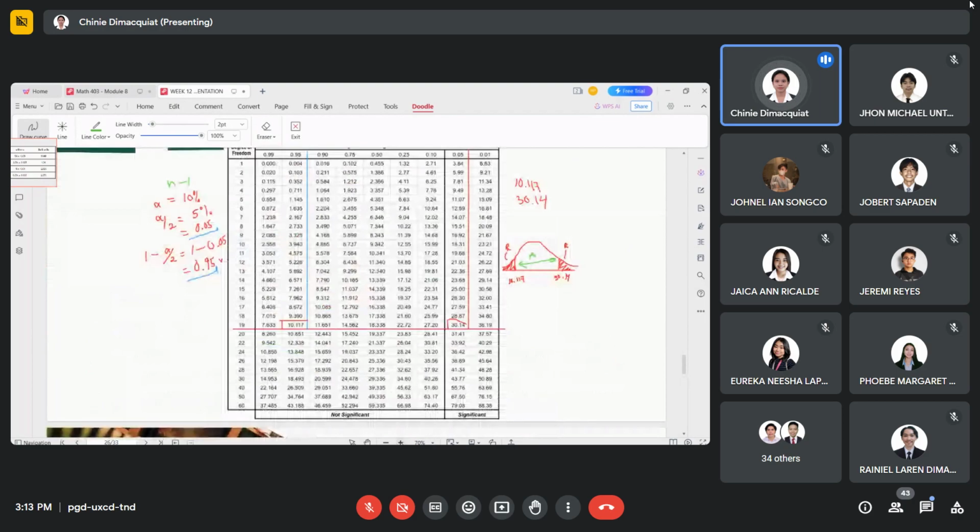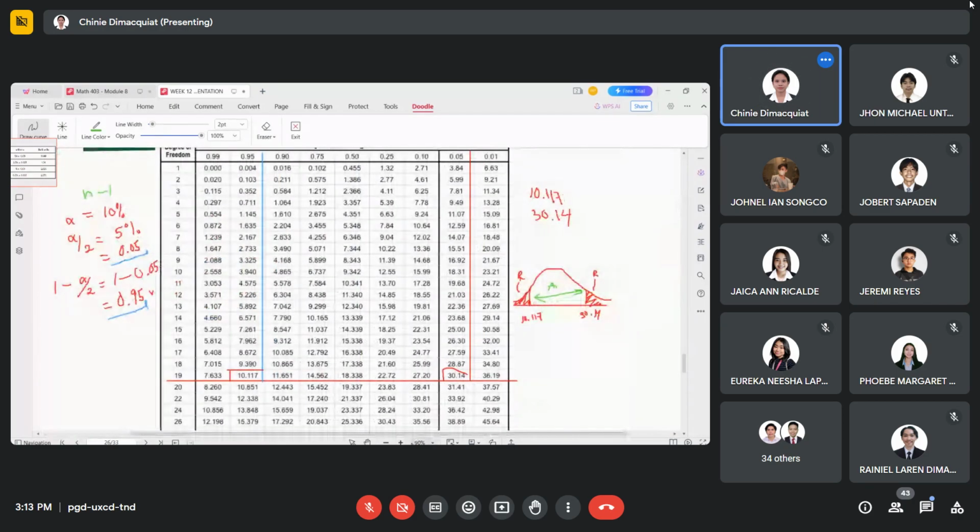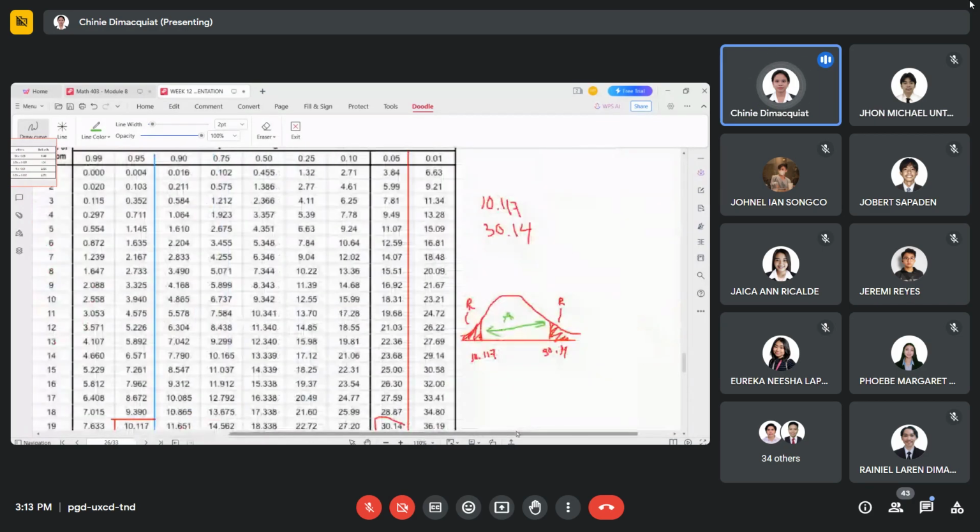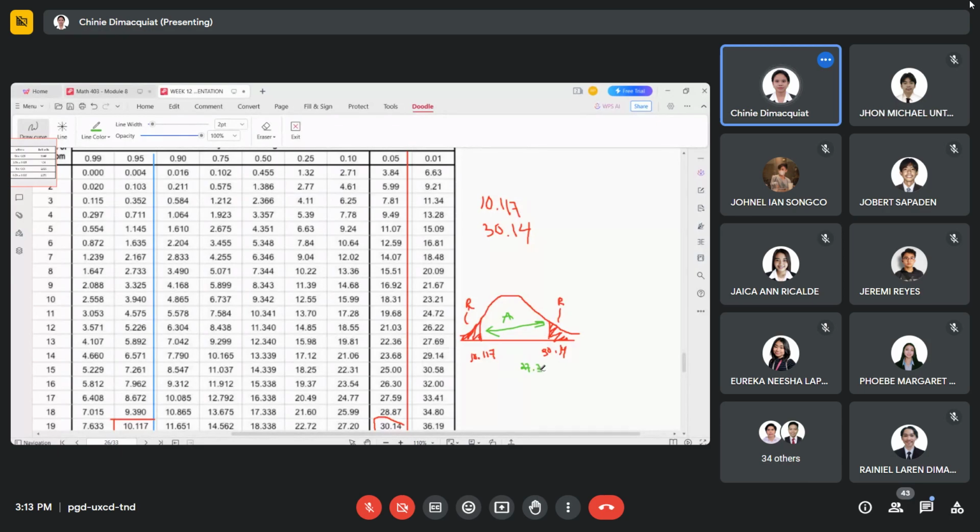Ayan. So 27.36. Nandito siya. So nandito. Sa part na to. Since siya ay nag-fall under dito sa ating acceptance region, so therefore, kailangan nating i-accept yung ating null hypothesis.